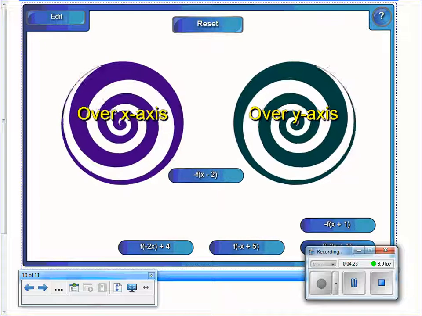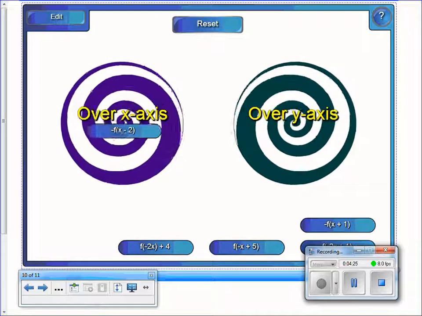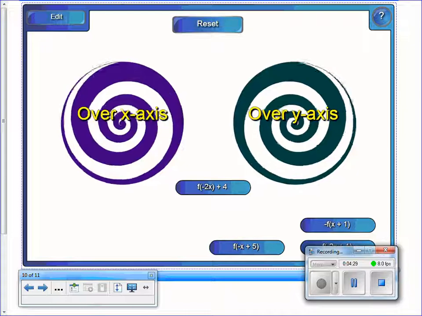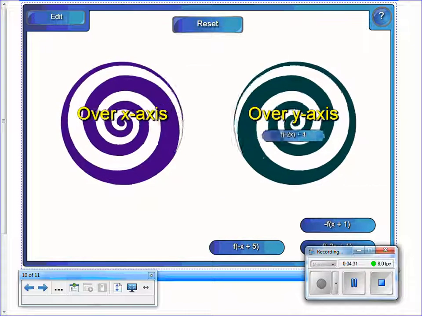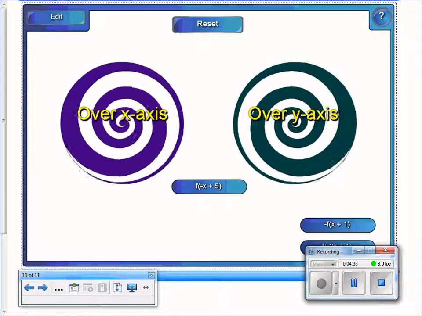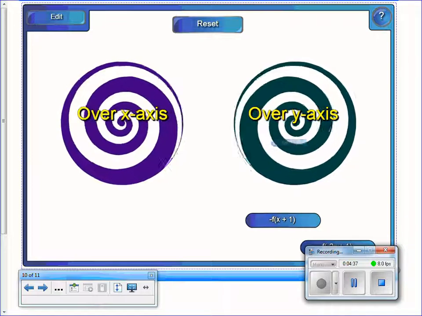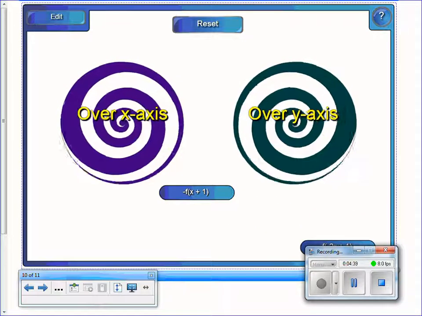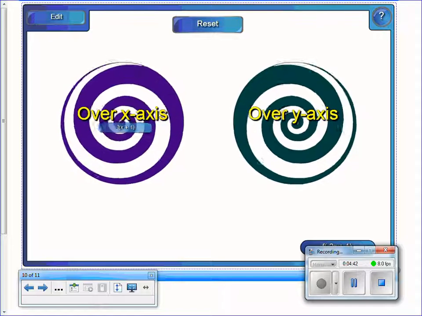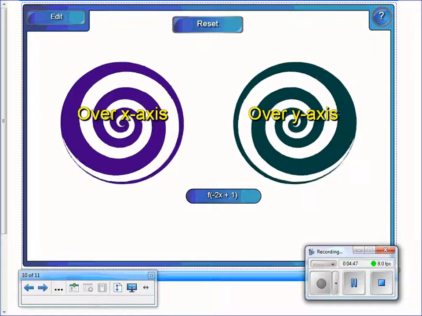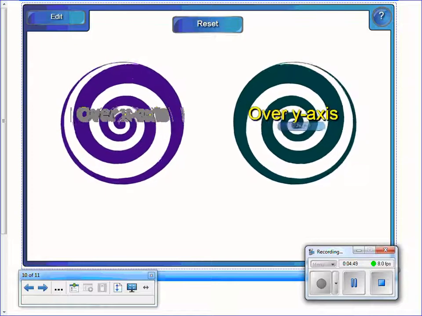This one, the negative is on the outside, it's going across x. This one, negative on the inside, it's going across y. This one, the negative is on the inside, so it's going across y. Negative is on the outside, so it's going across x. And last one, the negative is on the inside, so it's going across the y.